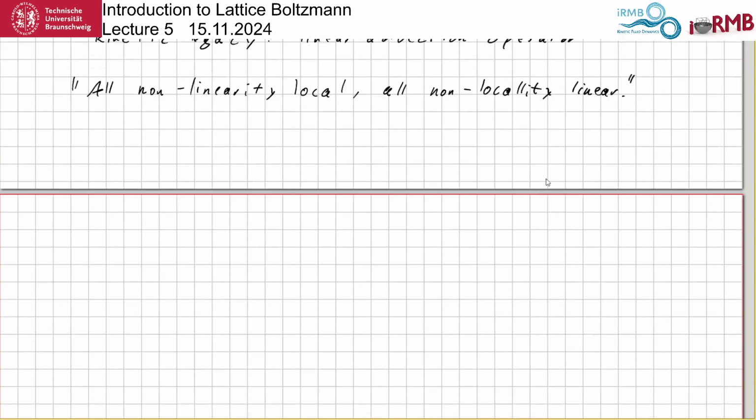Going practical. The thing that is non-linear is the collision operator, and in particular the equilibrium function. Let's say equilibrium functions, because you have different options.